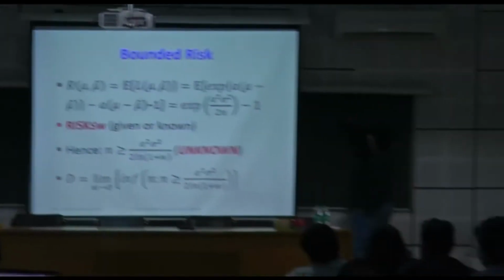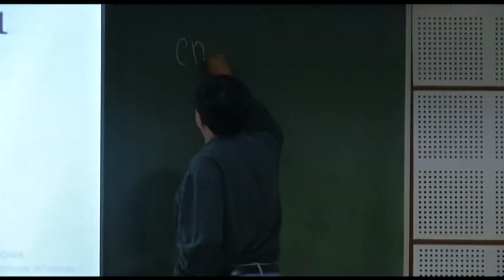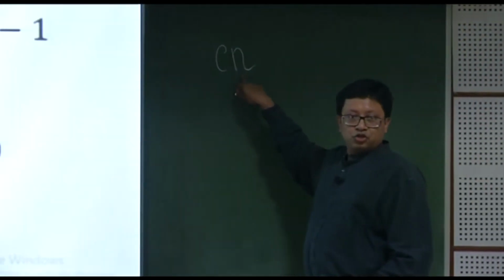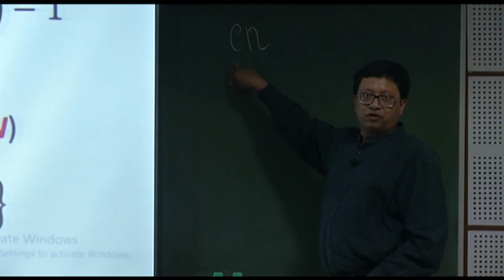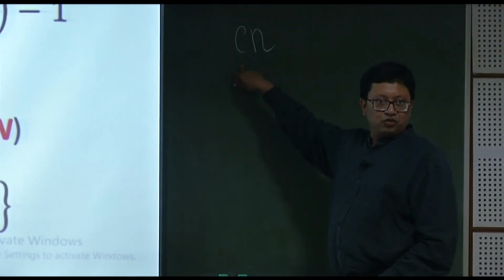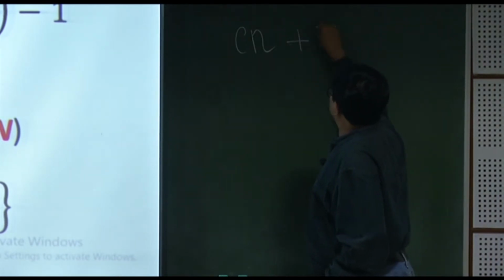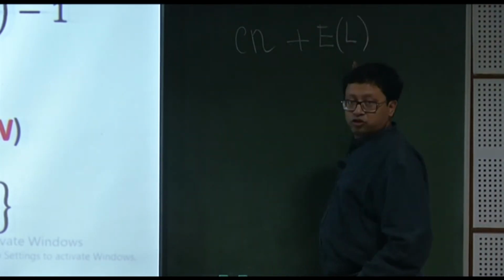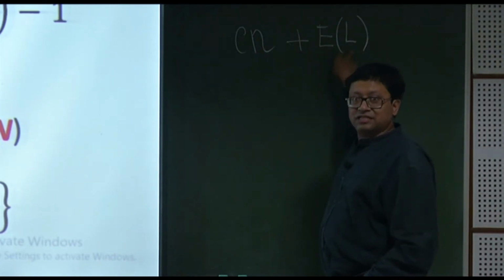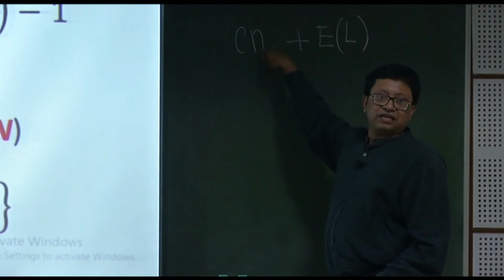One is the number of observations which I considered, if it is n, and the per unit cost for taking one observation is C, so it will be C into n, plus the expected loss which I also have to add up.